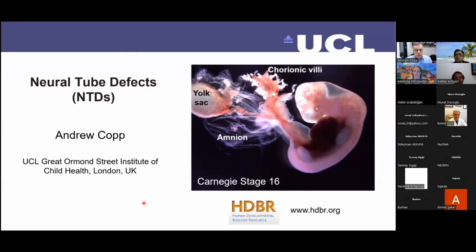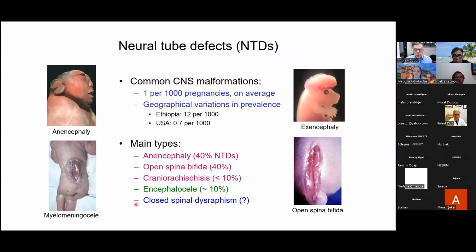I'm not only going to talk about human, I'm also going to talk about the mouse as being my favorite experimental animal, and where we've learned an enormous amount about neural tube defects. So let me start by just introducing you to a few of the basic features of these conditions. On the left here, we have the human conditions, the main two, anencephaly and myelomeningocele.